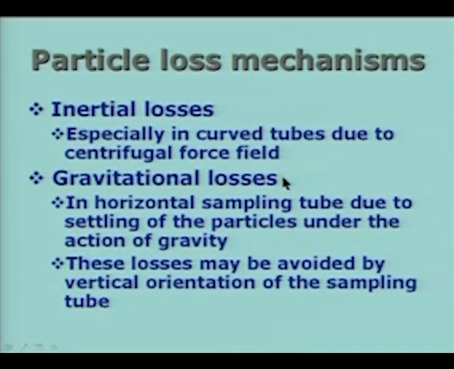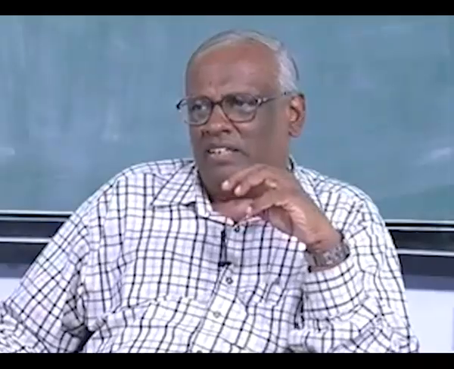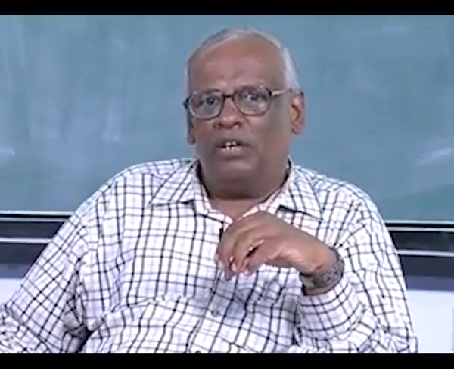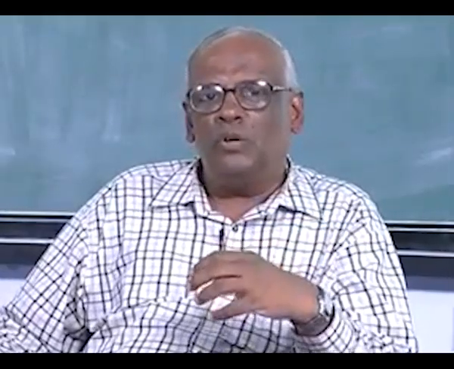So, what are the particle loss mechanisms? I have already mentioned them in passing a while ago. One is inertial losses in curved tubes due to the centrifugal force field, and the second is gravitational losses in a horizontal sampling tube due to settling of the particles under the action of gravity. Under gravity the particles tend to come down, and the viscosity of the gas tends to impede that progress.